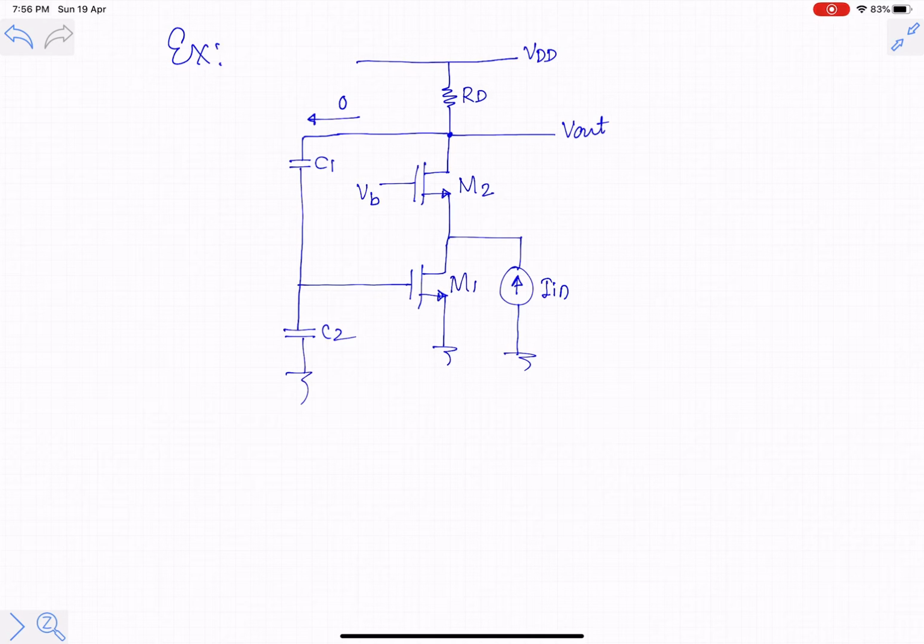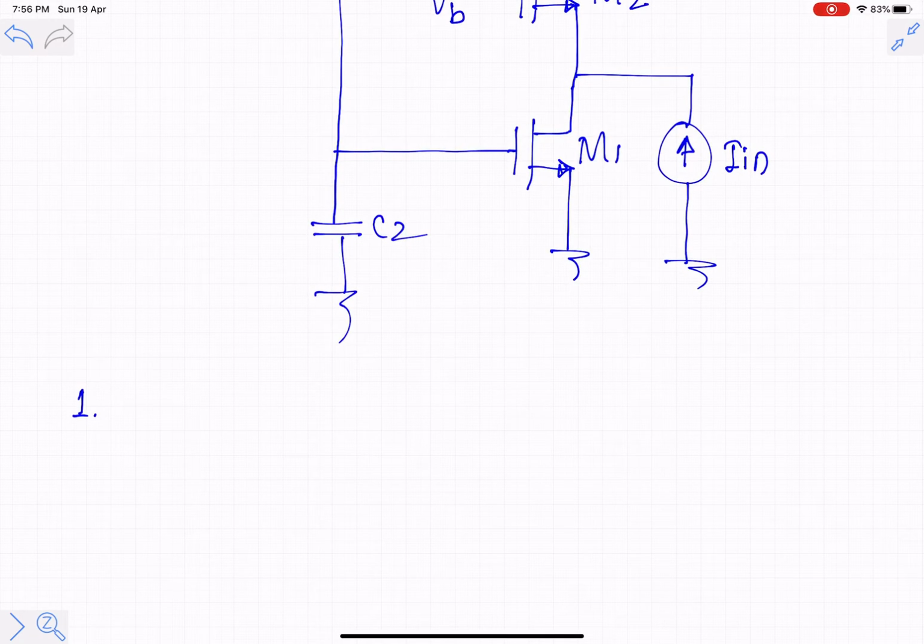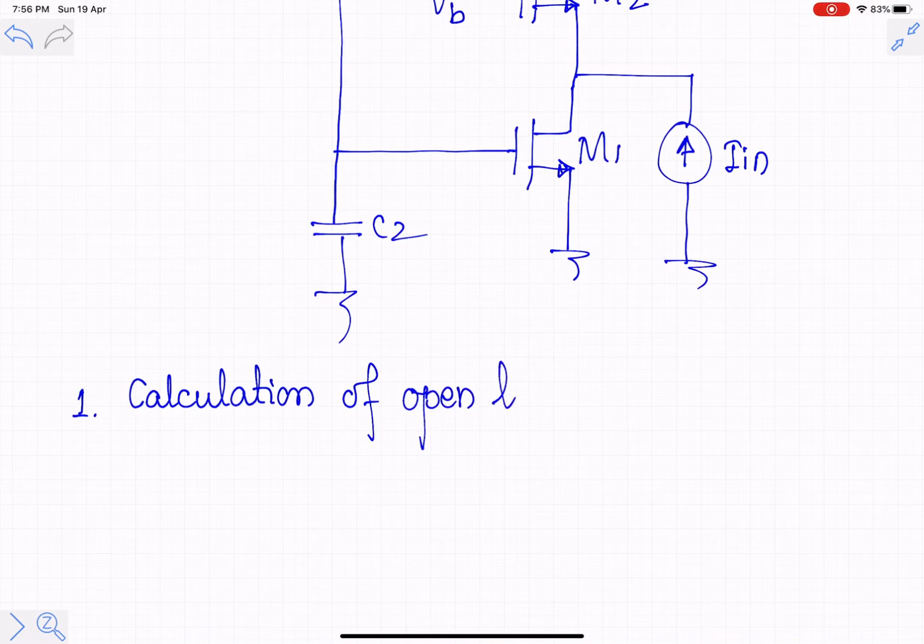So the first step is the calculation of open loop gain, which is AR open.